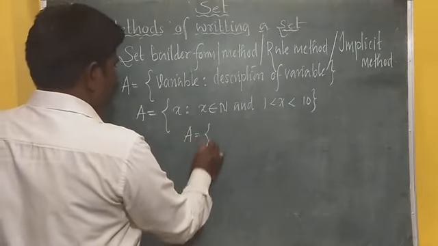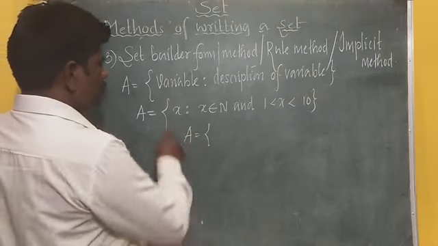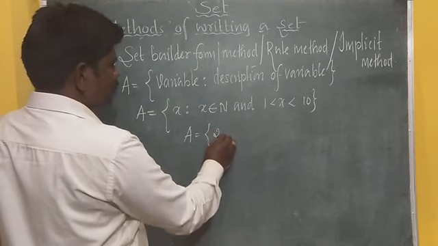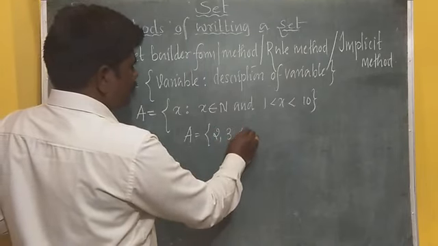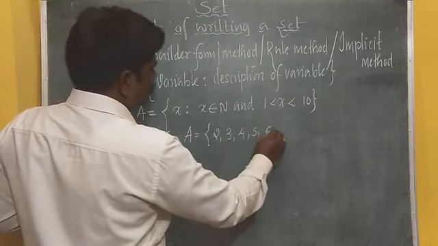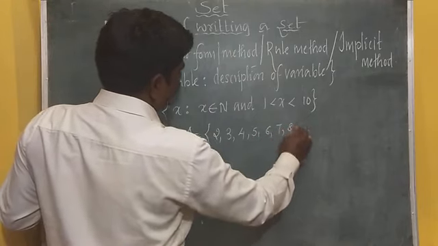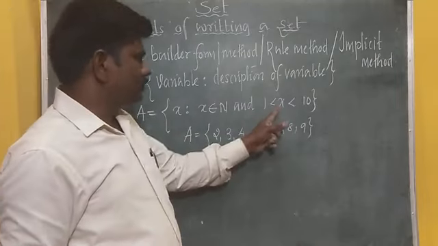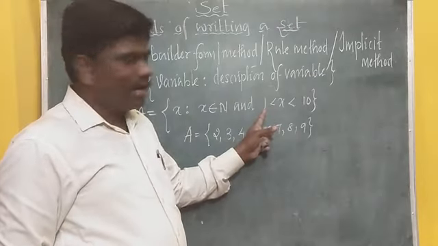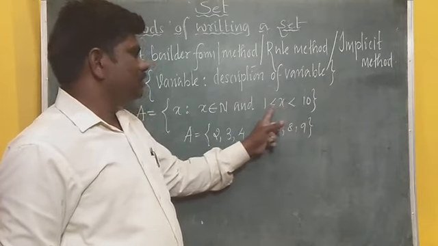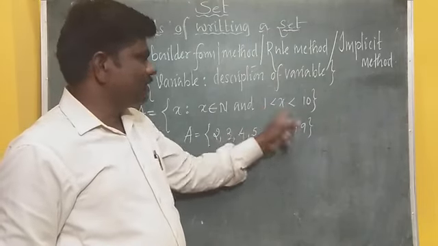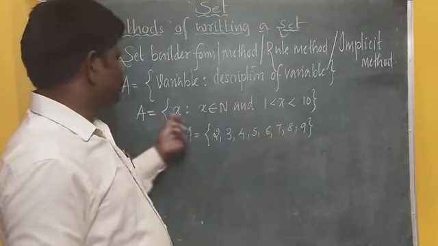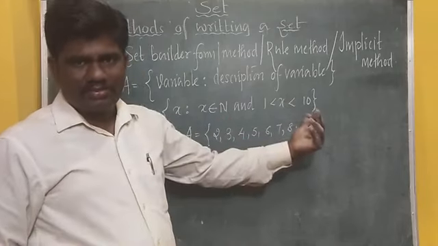So any reader who reads this will start writing: x greater than 1 means he starts writing 2, 3, 4, 5, 6, 7, 8, 9. So clearly the reader understands we should not write 1 and we should not write 10. Why? Because it is greater than 1 and less than 10. So these are the numbers the reader can write when he reads your statement like this.